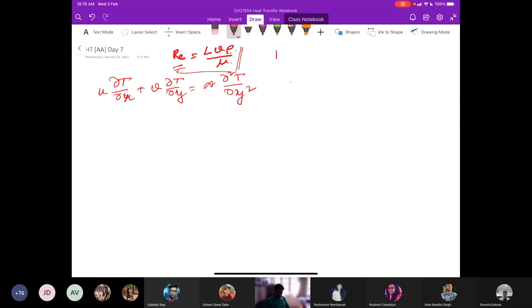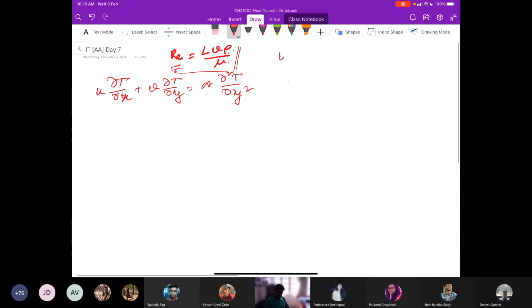Now say we define a non-dimensional parameter instead of T, we define that parameter as theta.